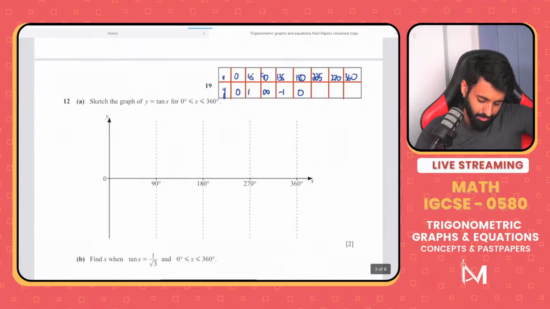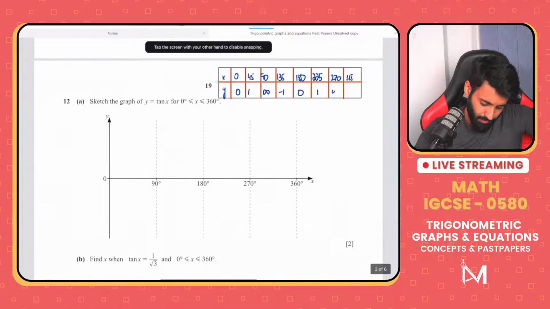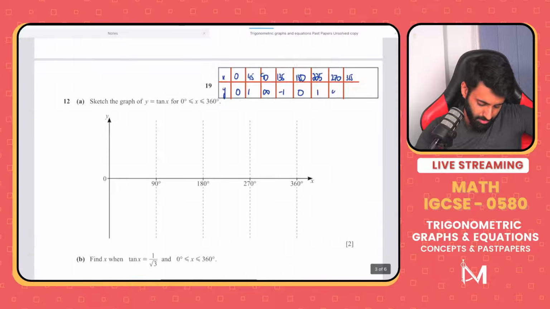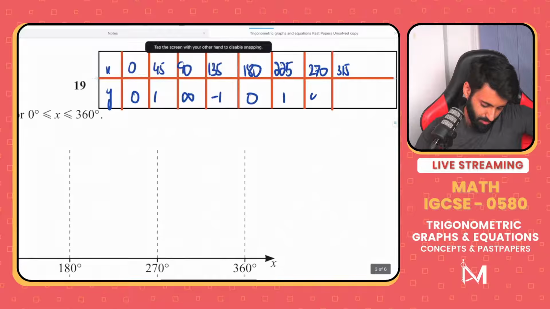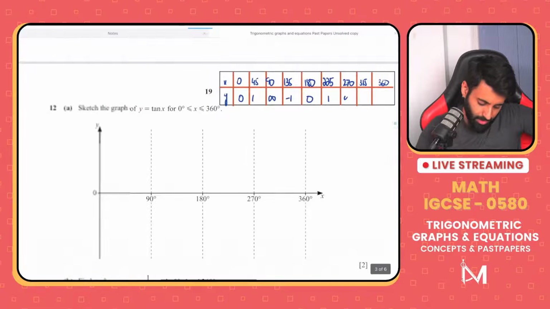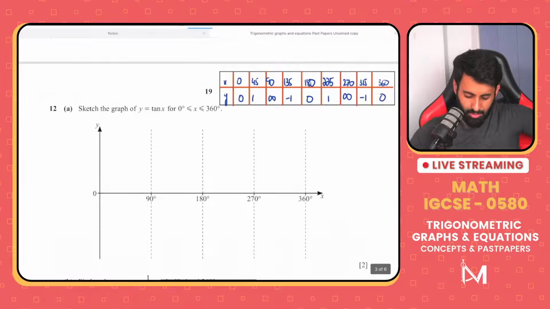Then at 225, you will have 1, at 270, I think I missed something. 225, 270, 315, and 360. Okay, 315 and 360. How come nobody pointed that out? Okay. Now, at 270, you will have infinity again, at 315, -1, and at 360, 0 again.